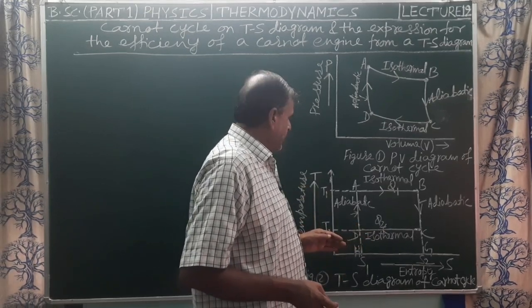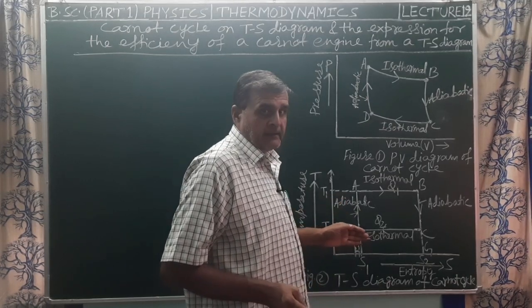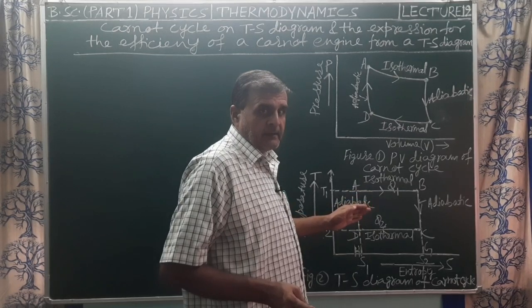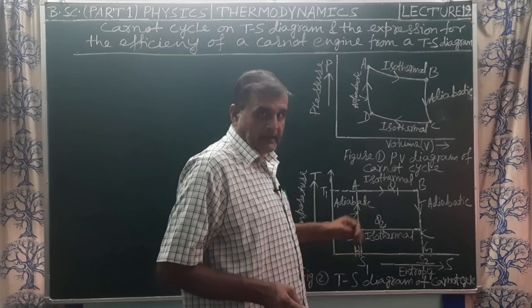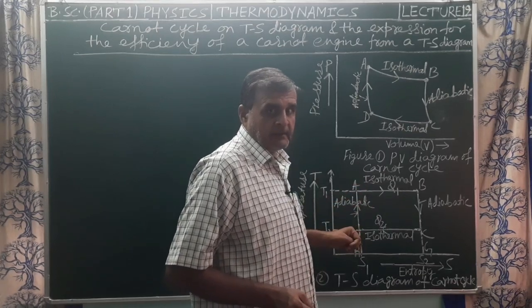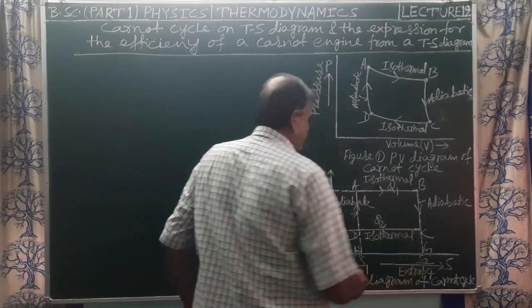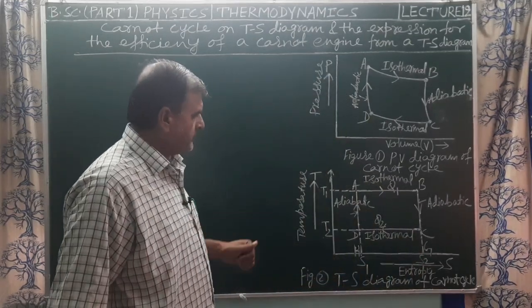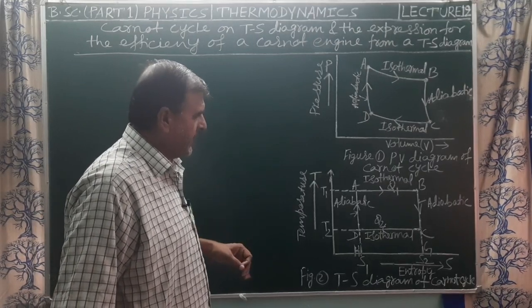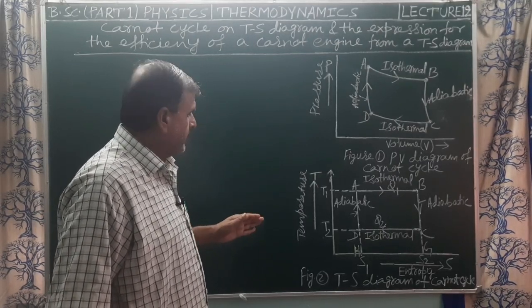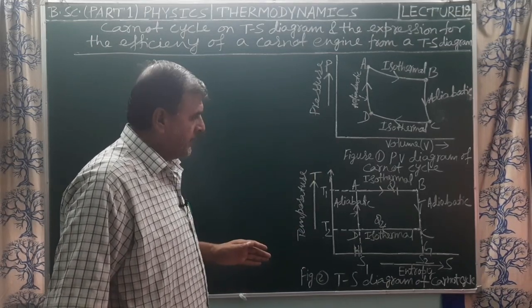That is, during adiabatic compression, the system returns back to its initial temperature and also pressure. So these are the four processes involved in the temperature entropy diagram of a Carnot cycle.